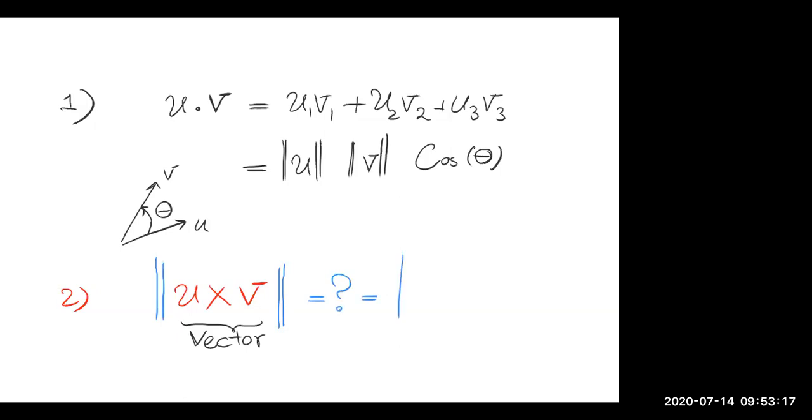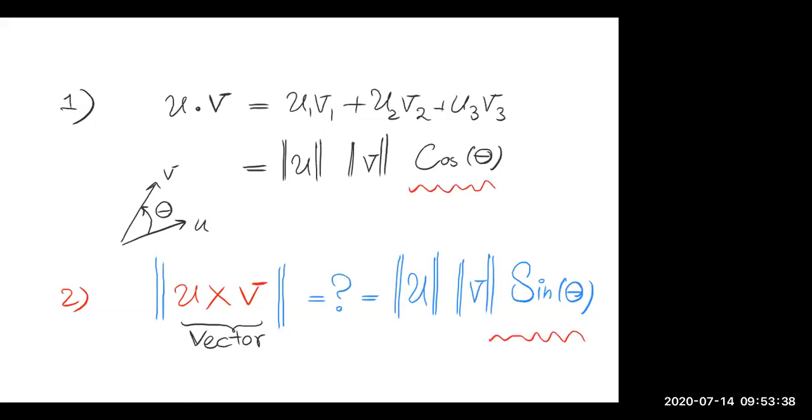Actually, it is equal to length of u times length of v times sine of the angle between the vectors, not cosine. So in cross product, we have sine here. In inner product, in dot product, we have cosine here.